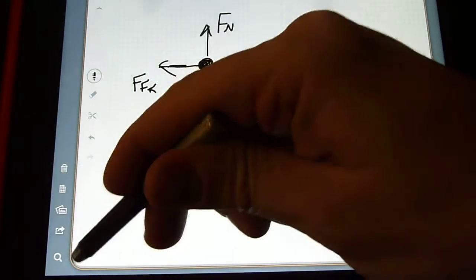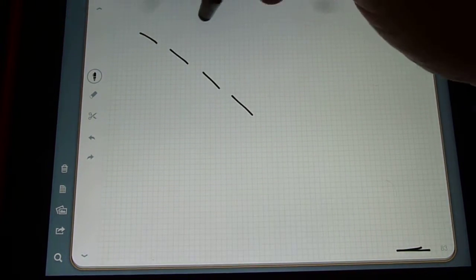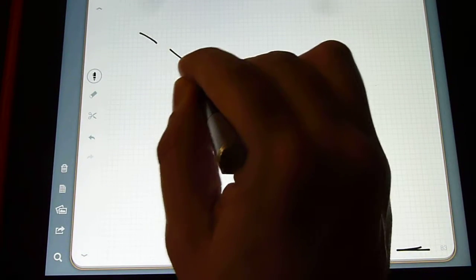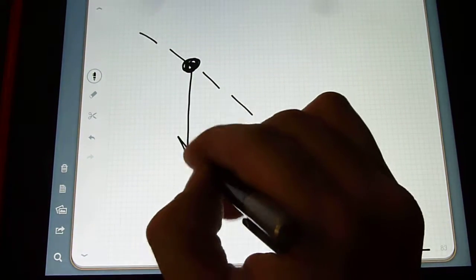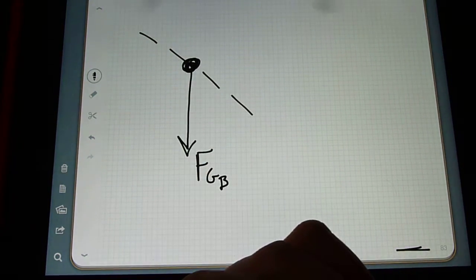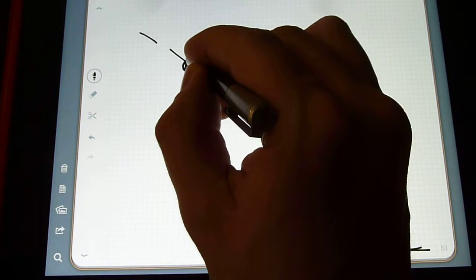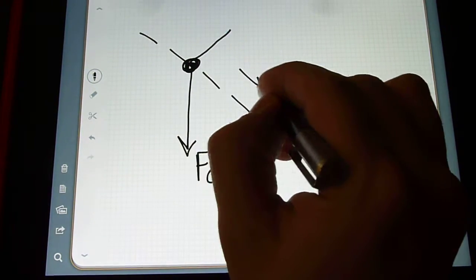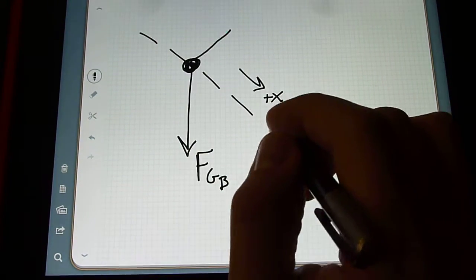Then for block B, here we have an incline, so I would encourage you to note that incline on your diagram. So we'll have a downward weight, F_g of B, and then we're going to have a normal force that is going to cancel the y component of that, because again we'll probably choose this to be positive x, since that's the direction of our acceleration down the slope.